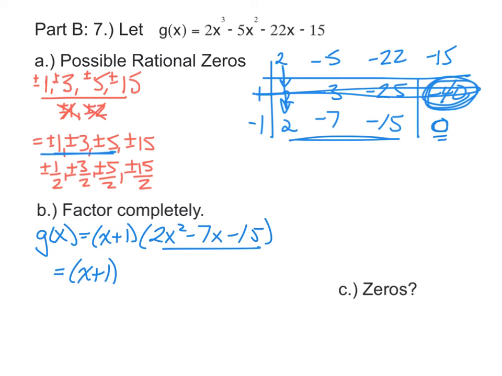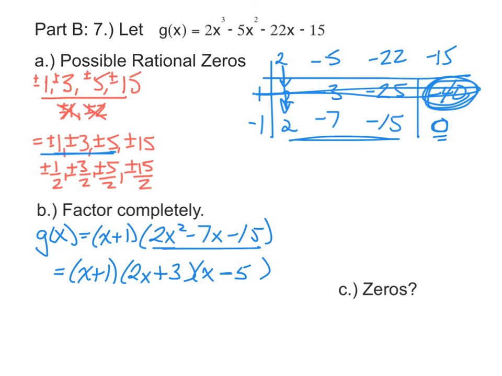So I'm going to keep this x plus 1 outside and factor the quadratic by factoring 2x squared into 2x and x. And we have to factor 15. We start trying maybe 3 and 5 and just check. On the outsides we have 10. On the insides we have 3. 10 and 3 can definitely make negative 7 if we have negative 10 plus 3.